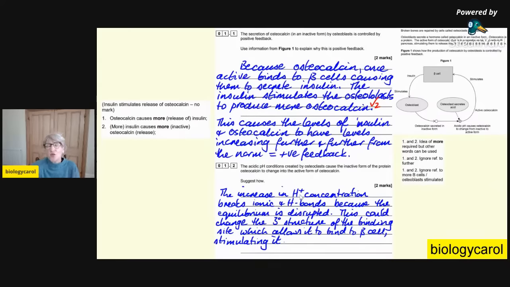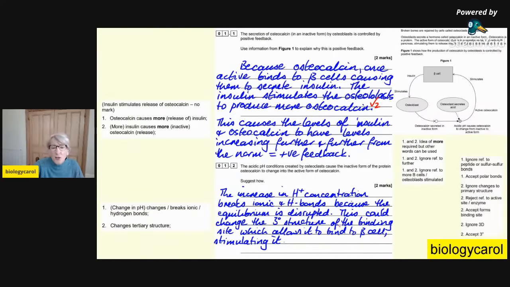And that could therefore change the tertiary structure and the binding site, which allows the osteocalcin to bind to the beta cells, stimulating the release of insulin. And these were the mark points. So I got both the mark points on that question.